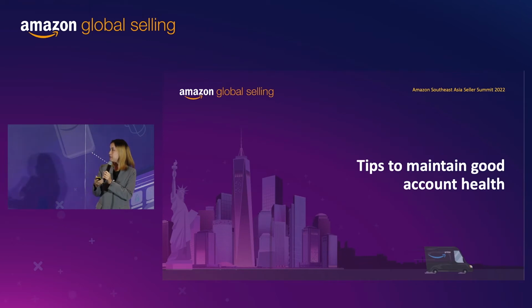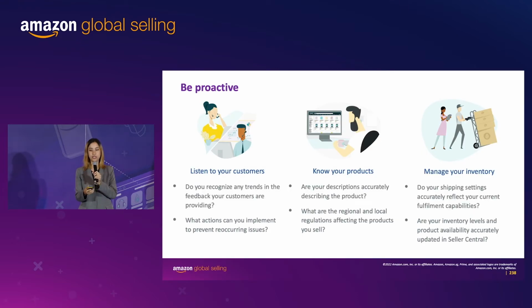So now we have come to the final section of my presentation, which is tips to maintain good account health. First of all, you need to be proactive. There's a voice of the customer section in the account where you can review customer feedback related to your products. It can be very helpful to use the information to identify trends or commonalities across different buyers and different products that may point to defects or issues with packaging or business processes.